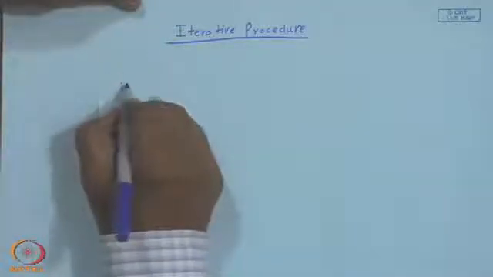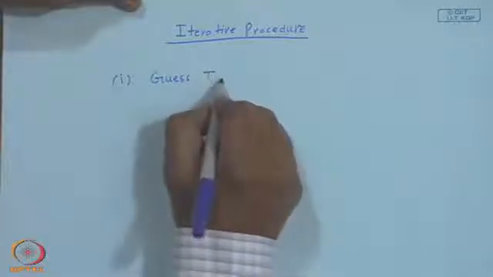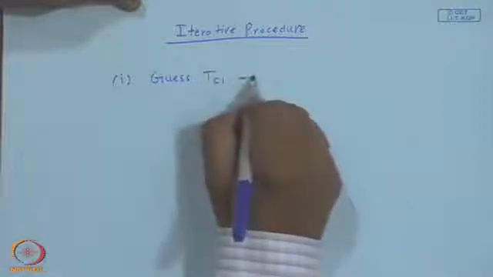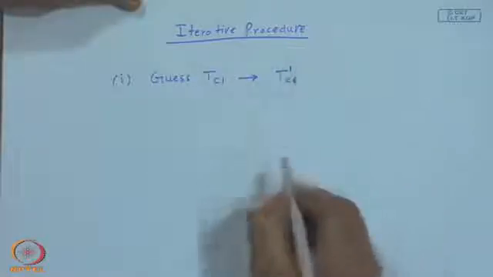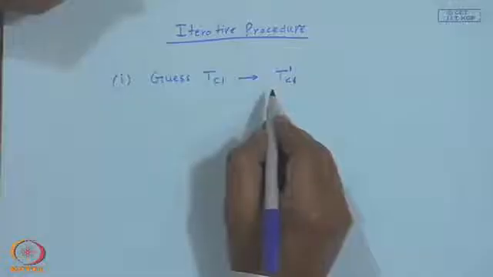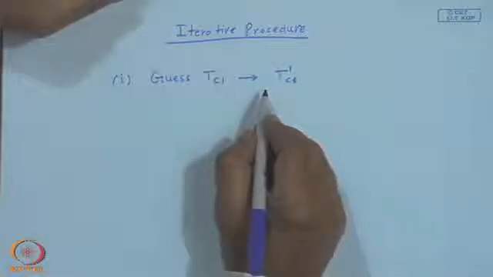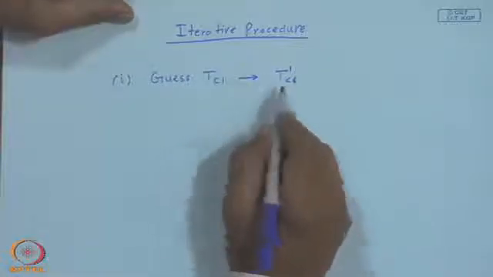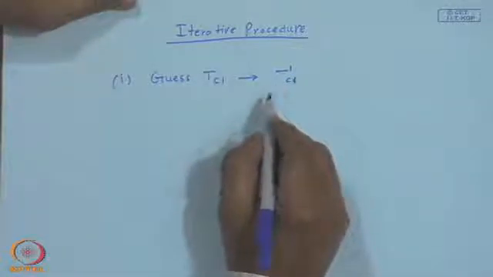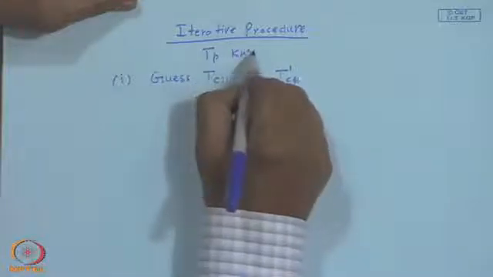Right. So, step number 1, we will guess Tc1. Let the first guess be Tc1 1. In case my first guess is not correct, I will go to second. If second one is not correct, I will go to third, so on and so forth, and we will try to iterate, and we set up a procedure or the principle behind iterating this section. So, the first step is Tp is known, let us write it down, Tp known.